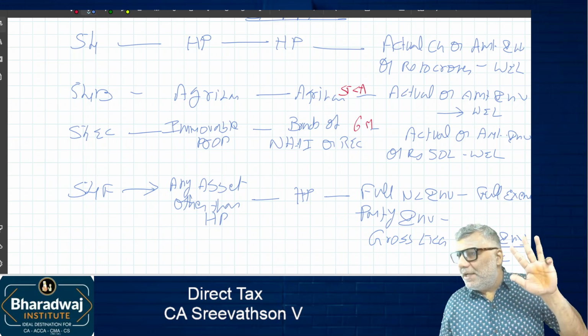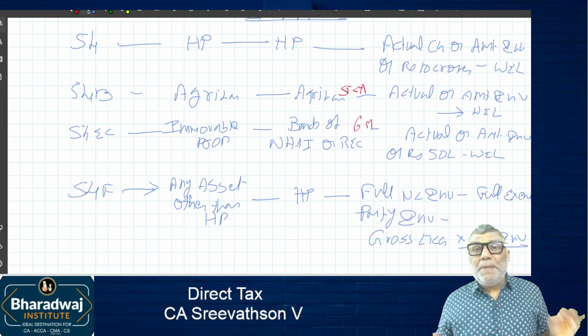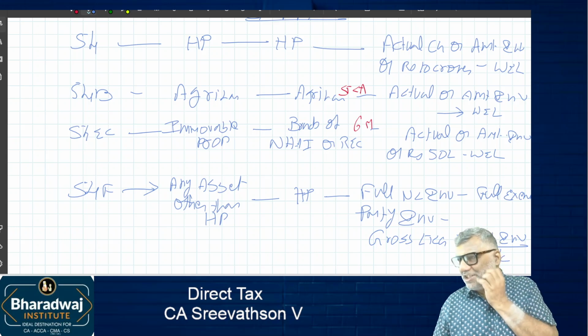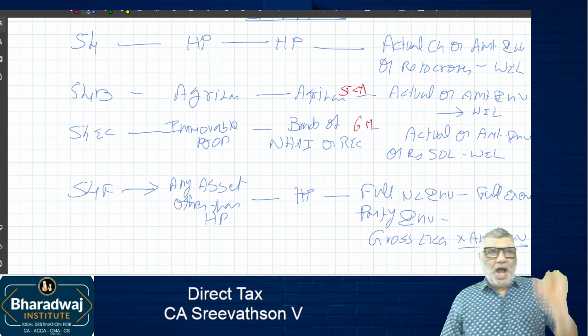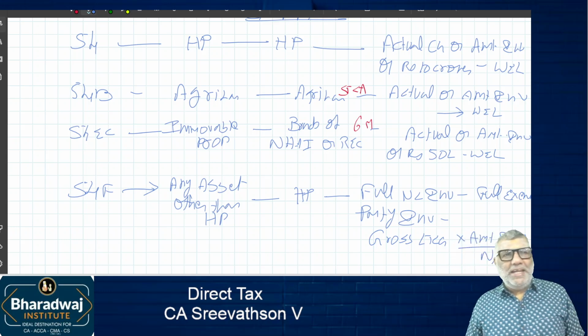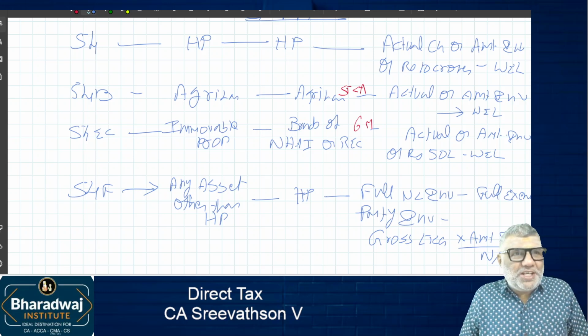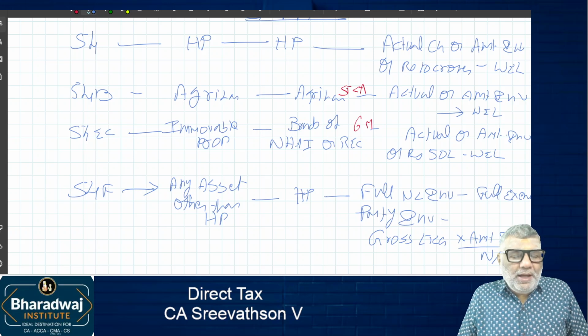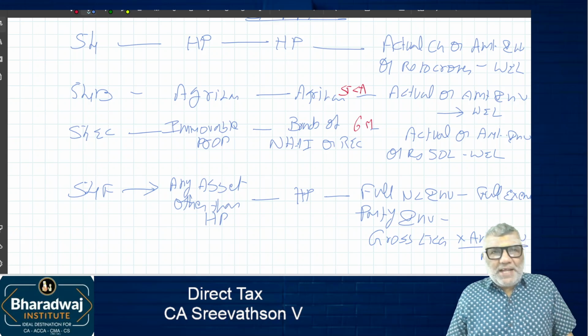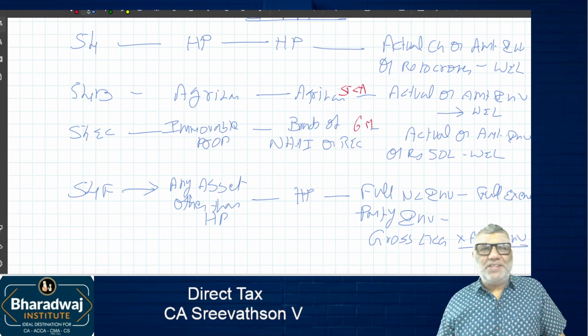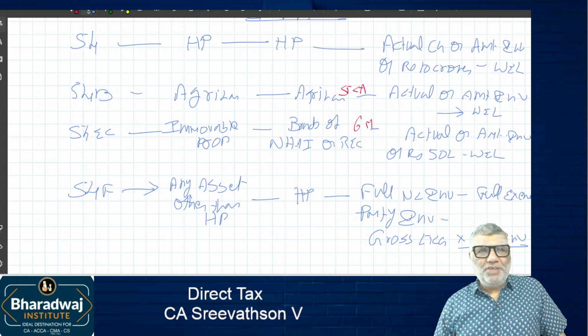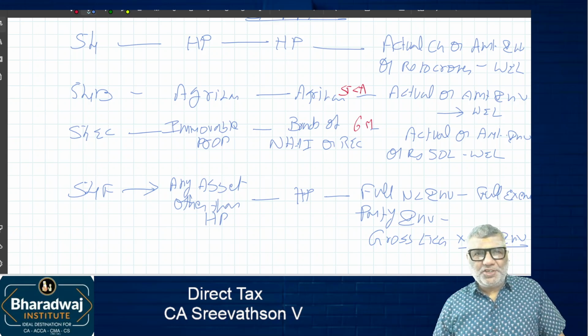Slump sales, no indexation. And debentures and bonds, no indexation. Repeating, assets that will not enjoy any indexation are STCA, depreciable assets, listed shares and securities on which STT is paid, slump sales, and debentures and bonds.